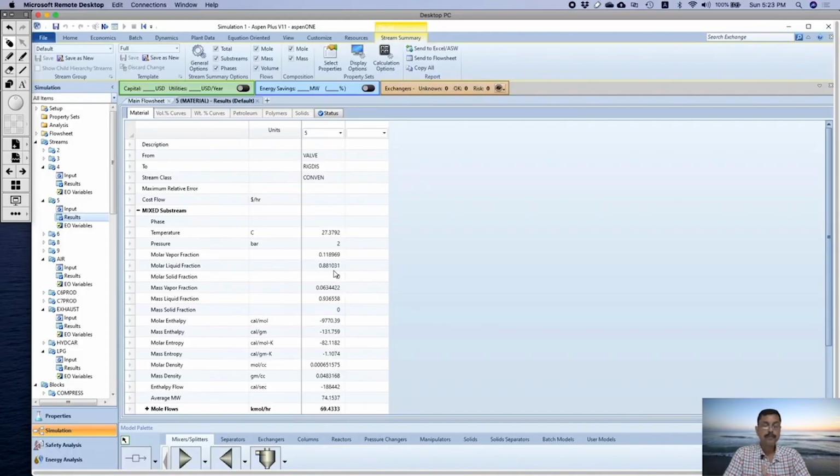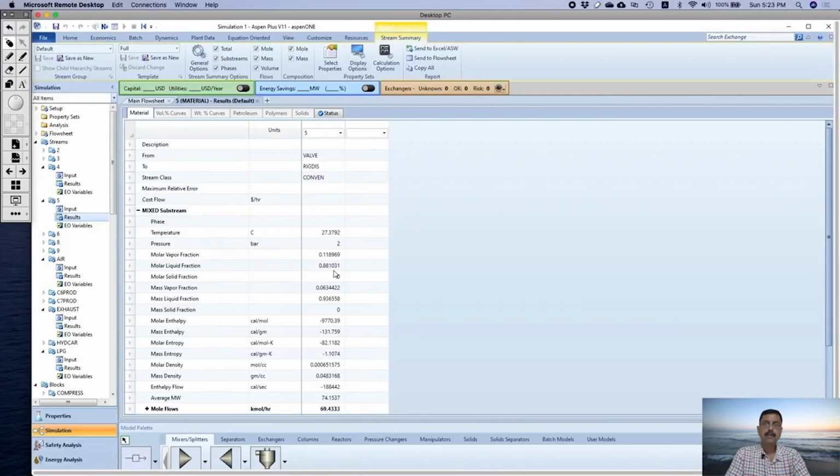So if it is compressed to 2 bar, then it is 88.10%. Now if the pressure of the valve is increased to 5 bar, then obviously the liquid percentage should increase, right? Liquid percentage should increase. Let us see whether it happens that way.